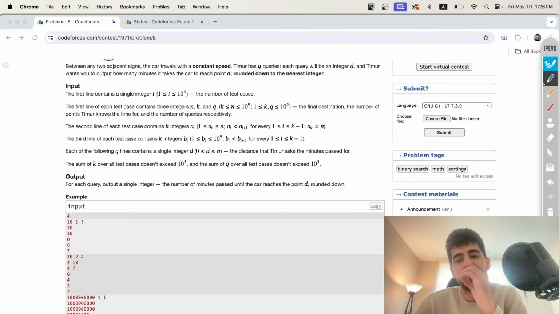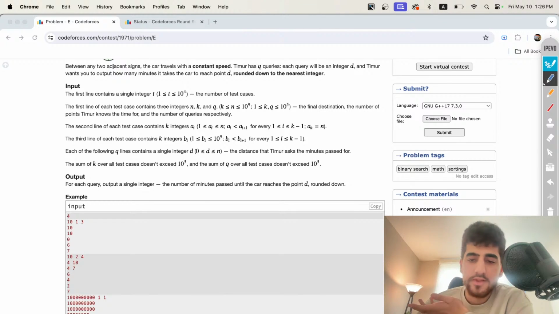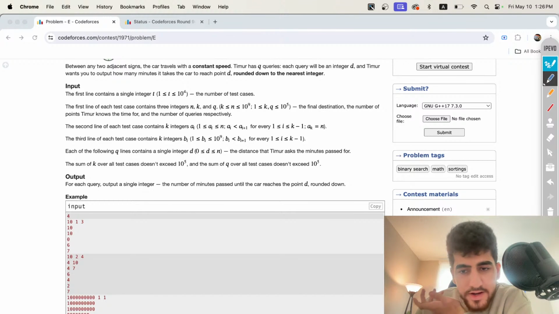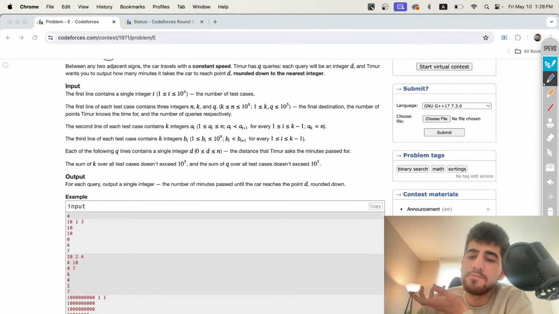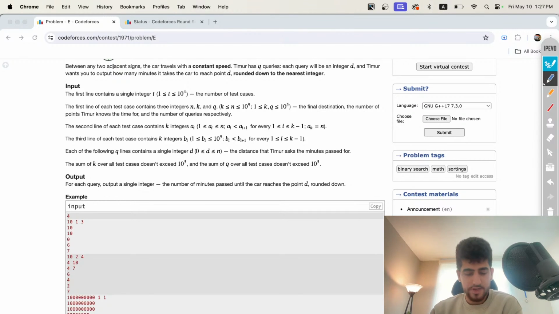So I will find a of I minus 1 and a of I such that x lies between them, and I see when I reached here, what was the time that I reached here. So I have b of I minus 1 and b of I. The point is, if I want to find out when I am at x, I know that the speed is constant between them.